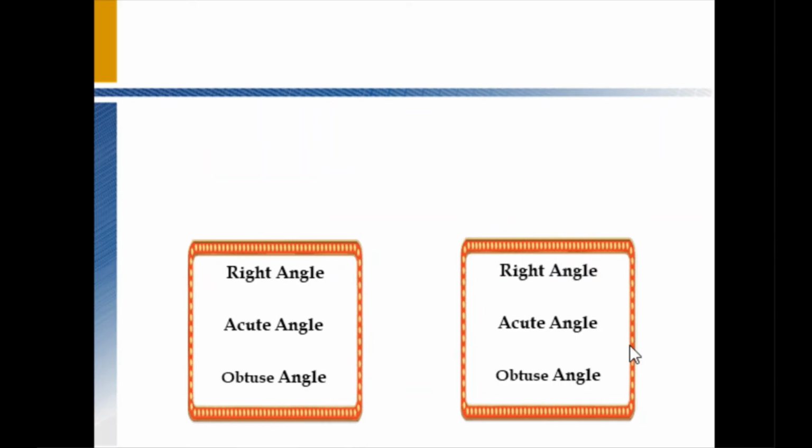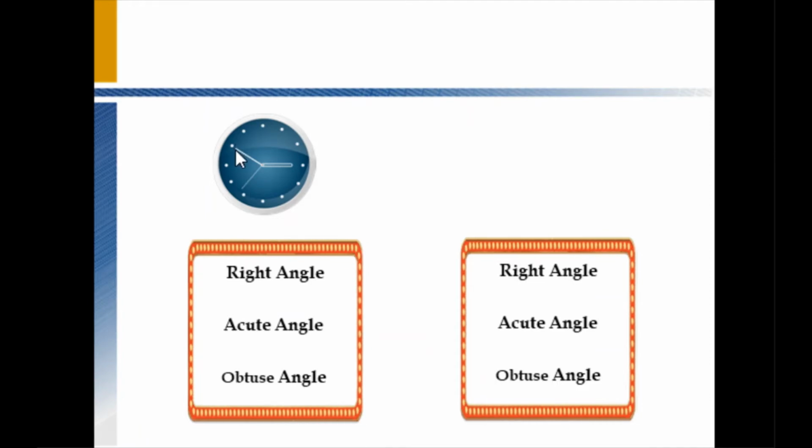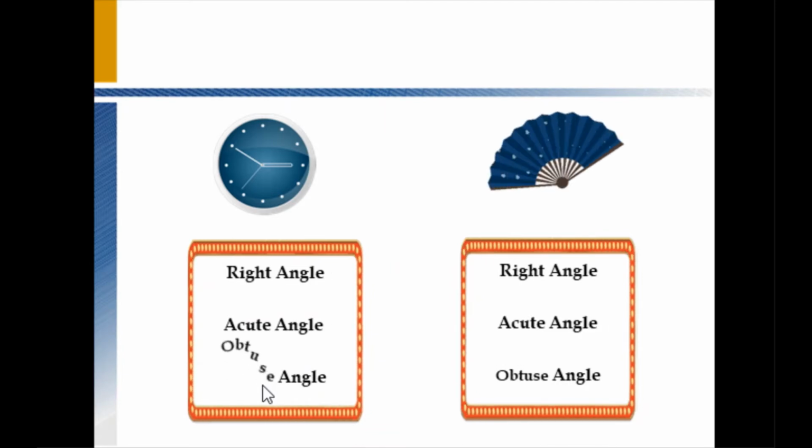How about this one? The hand of a clock. Is it a right angle, acute angle, or an obtuse angle? Okay, you are right. It forms an obtuse angle. Good job. How about this fan?